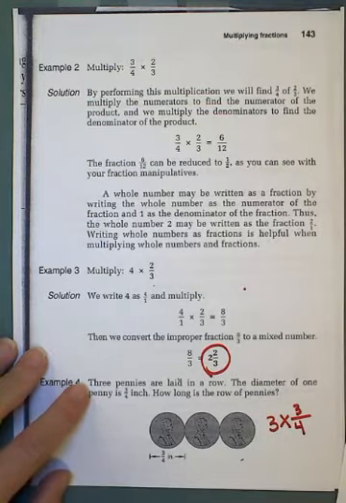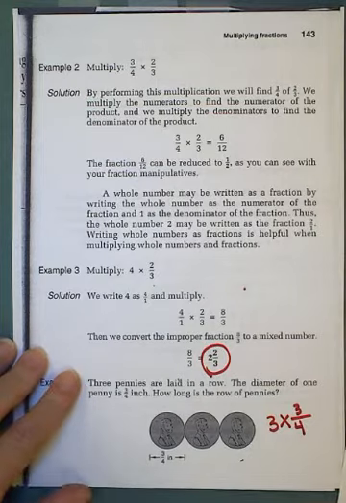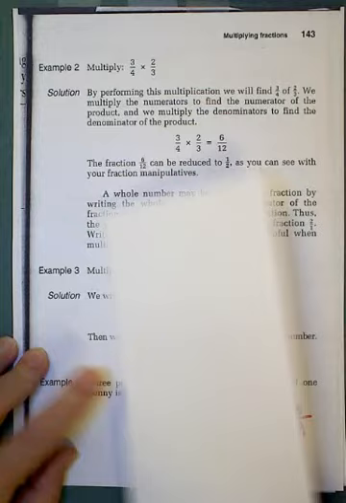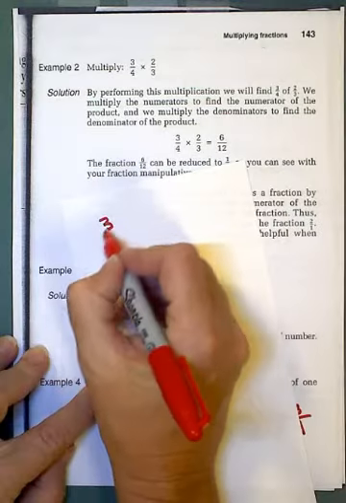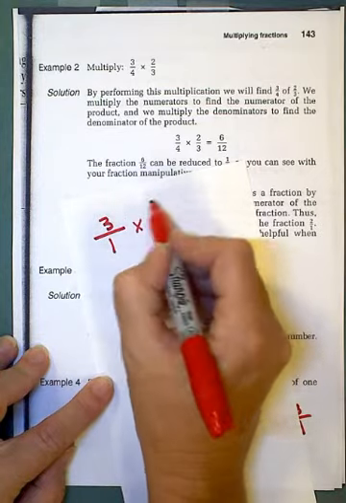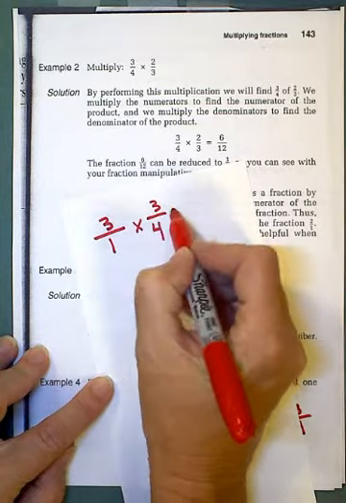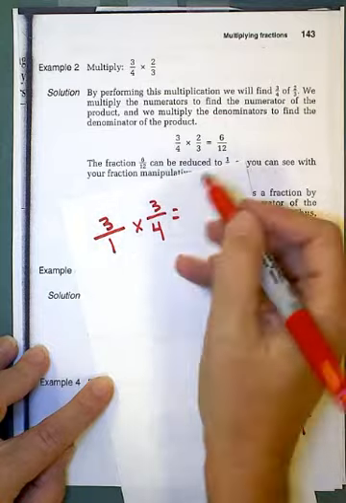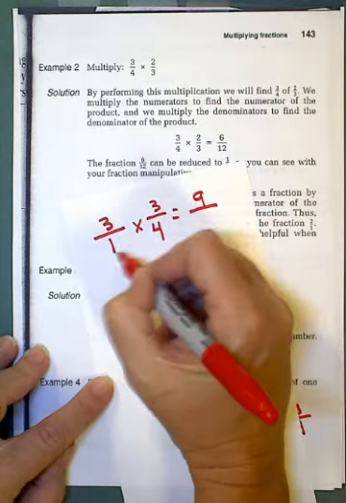So in order to solve, I'm going to write 3 in its fractional form. That would be 3/1. Multiply it by 3/4. Then I multiply numerators to get 9. I multiply denominators and come up with 4. And now I need to simplify and reduce.